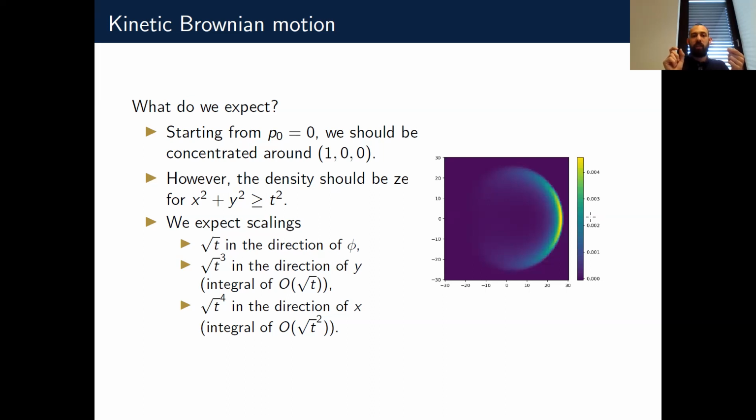My phi is square root of t, so I'm integrating phi squared, which is square root of t squared, for time t. So this should be t squared, which is my square root of t to the 4. This is what we expect, and it turns out that we can actually prove it.